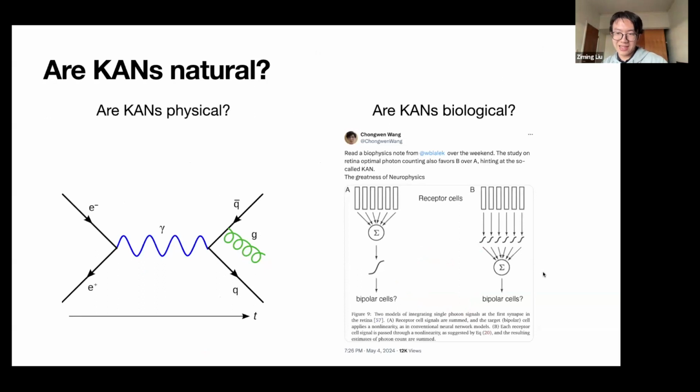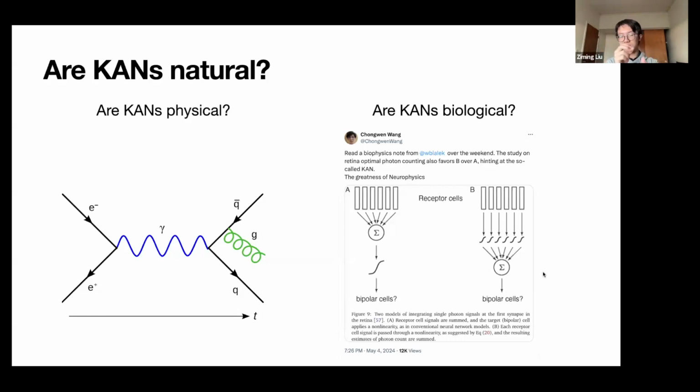And there are also people asking, are KANs natural? The first question is, are KANs physical? Unfortunately, KANs are less physical than MLPs, in the sense that if you consider physics as the Feynman diagram, we have some incoming particles, and when they collide, they produce some complicated, interesting phenomenon, and then they bounce back, creating new particles that scatter away. In a Feynman diagram, the edges are really boring because it's basically just a particle propagating in space, doing nothing.